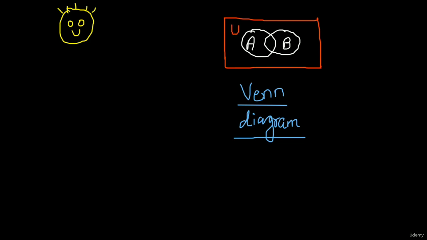Okay, now let's define these things first. So our universe is natural numbers. It means 1, 2 up to infinity. Okay, 1, 2, 3, 4 up to infinity. The set A is actually the table of 2, which means 2, 4, 6, 8, 10, 12 and so on.